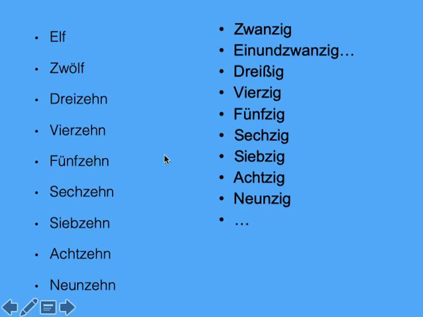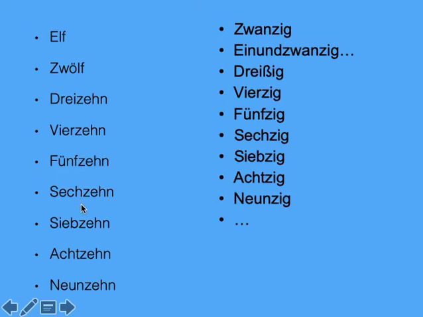Let's take a look at these from 11 to 20. So 11, 12 is a little irregular. Then we have 13, 14, 15. So 5 and 10, 3 and 10, 4 and 10. But what happens now? 16. Did you realize?